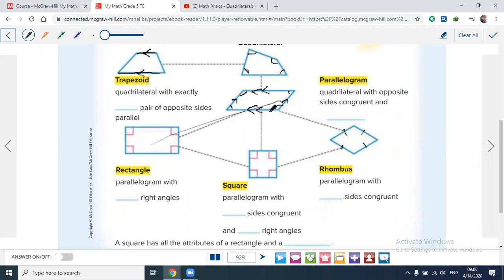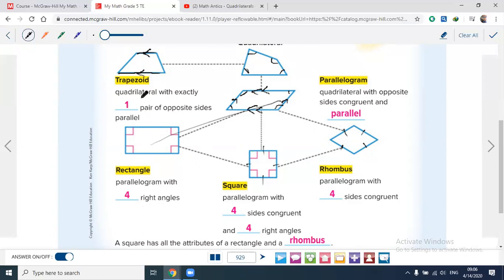But a parallelogram with equal sides and right angles, it will be what? Square.